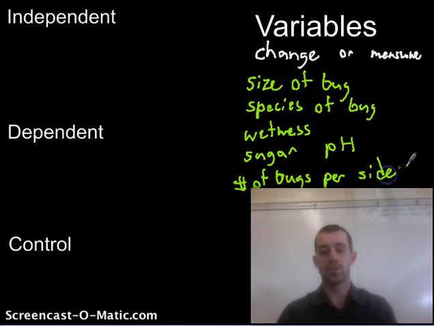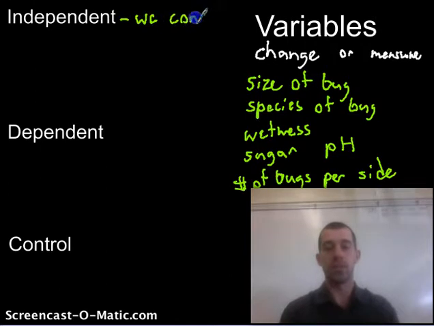Okay, so once we've got this long list of different variables, we're going to sort these variables into things that we control. Things that we control are called independent variables. And the things that we control are, for example, the size of the bug is an independent variable.